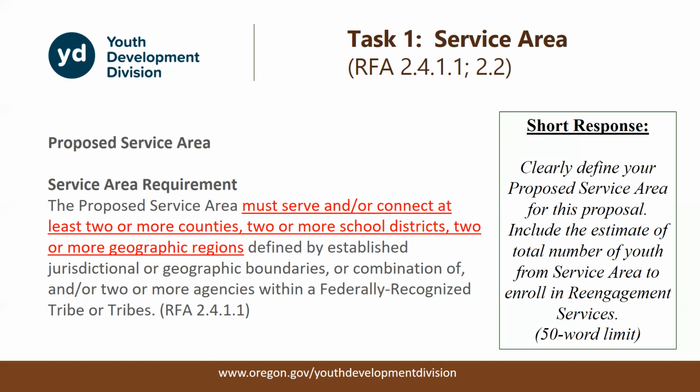So you'll note that in the application you'll be asked to provide, in a short response, no more than 50 words, a clear definition of your proposed service area, and you'll also include the estimate of the total number of youth across that service area who will enroll in re-engagement services over that grant year.